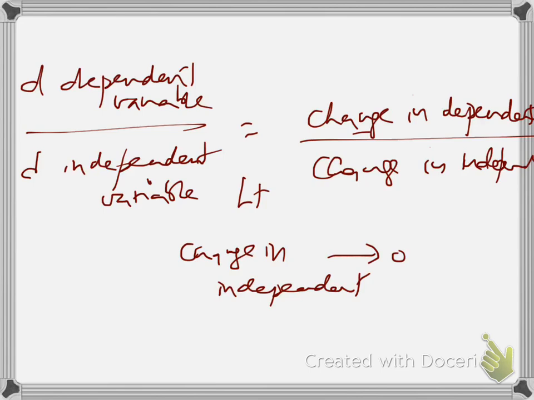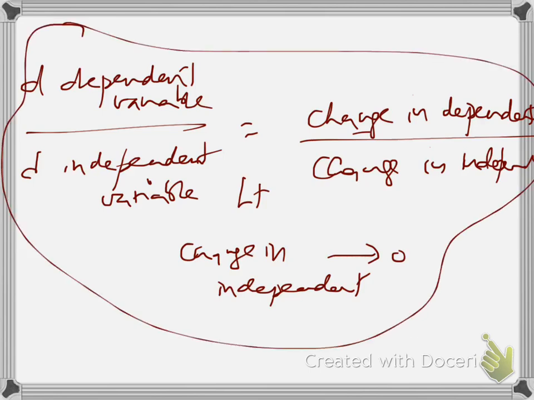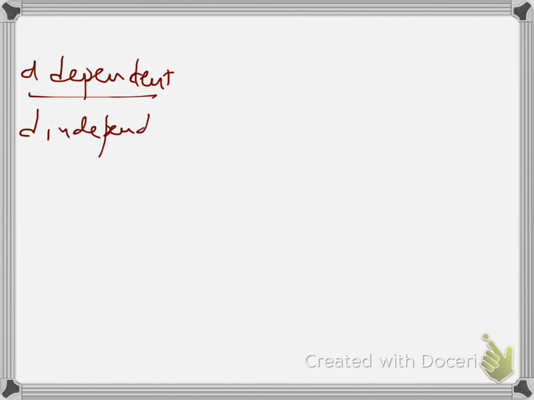Okay. So is it clear what I am trying to say? So d of dependent, I'll write it to make it clear, by d of independent. That means change in dependent by change in independent, with the change going to 0.